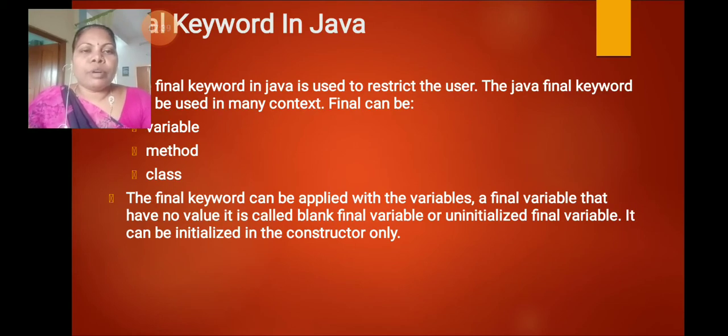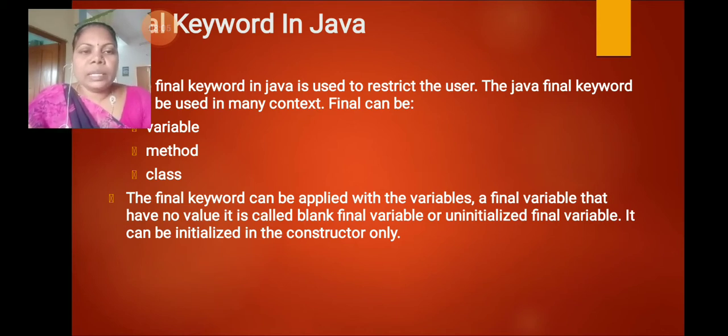The final keyword in Java is used to restrict the user, and it can be used in many contexts. Final can be used in three different ways: in front of a variable, in front of a method, and in front of a class. When you use these three, you cannot change the code or value.